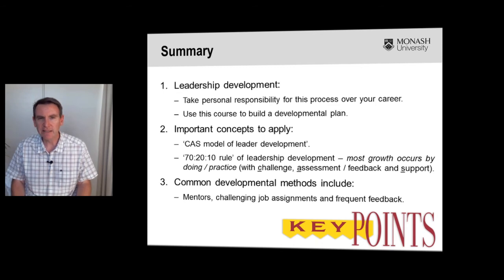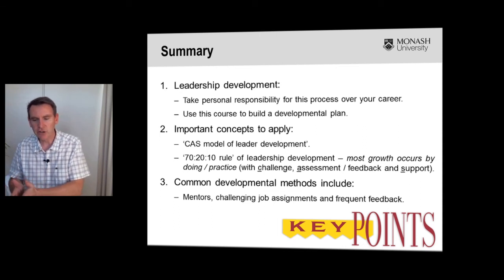And the 70-20-10 rule of leadership says, a course like this really needs to help you tap into learning by doing. So 70% growth happens by practice, by trying new things, 20% from feedback and support from others, 10% from structured learning, like a traditional university course.